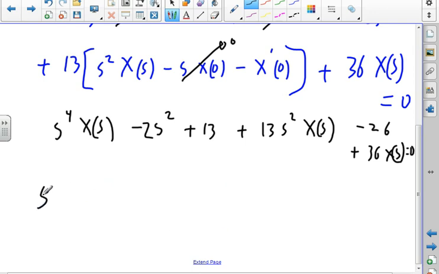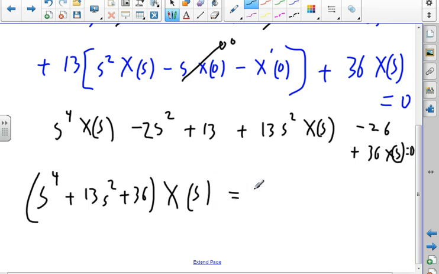Okay, so I got s to the 4th plus 13s squared plus 36 x of s is equal to.